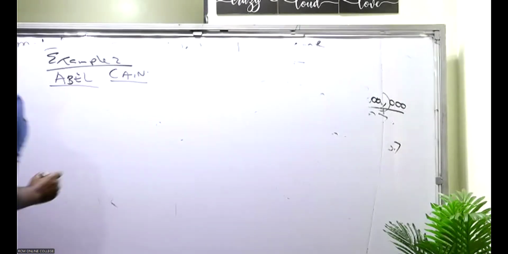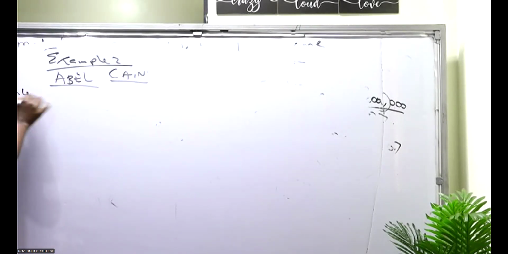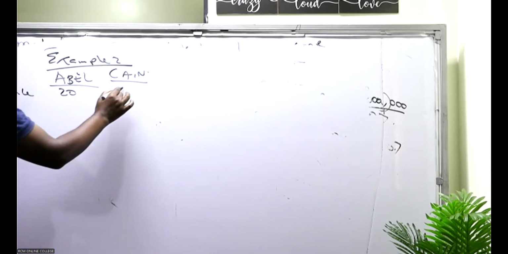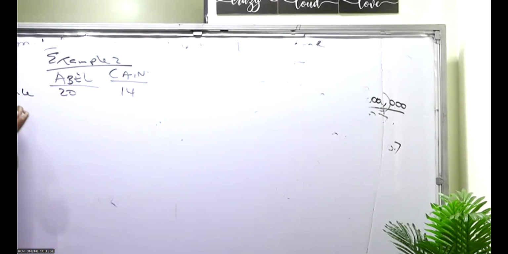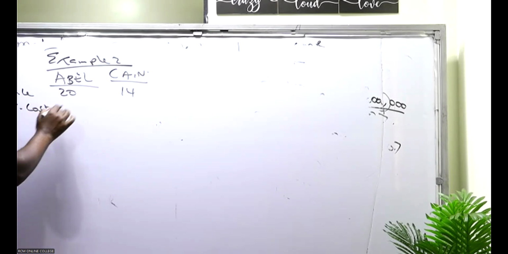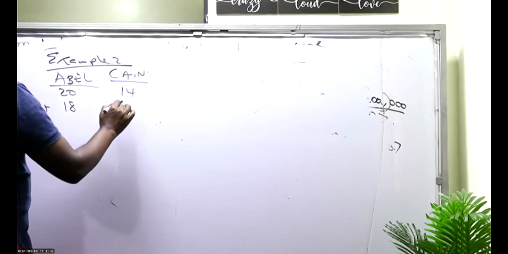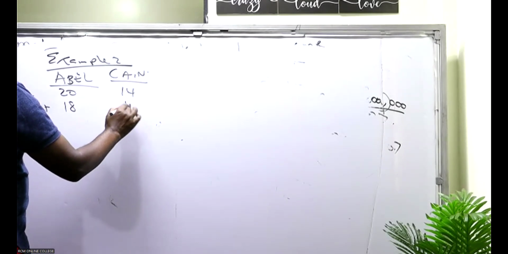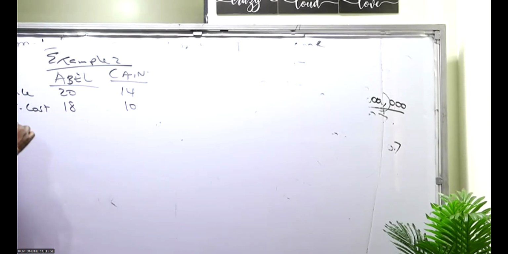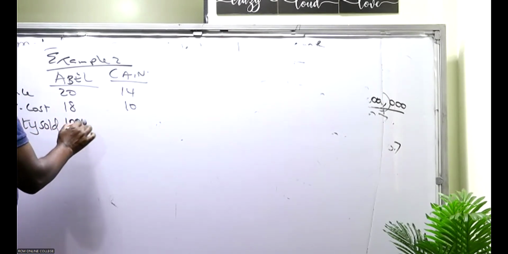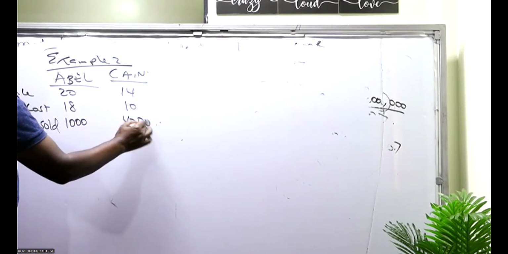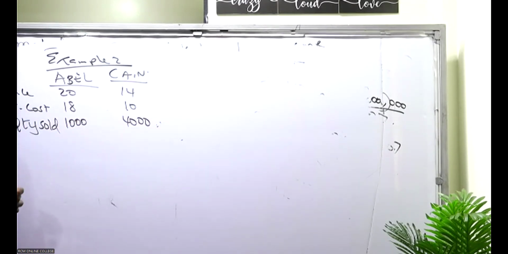It'd be easier that way. So we have their selling prices, 20 and 14. We have variable costs of 18 and 10. Then we have the quantity sold, 1,000 and 4,000. Very good.